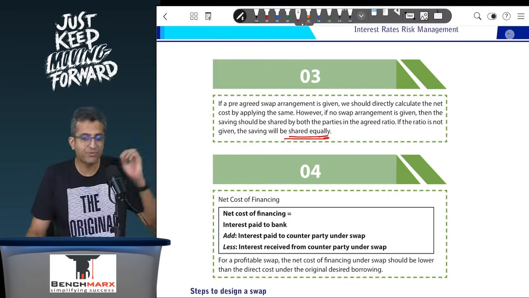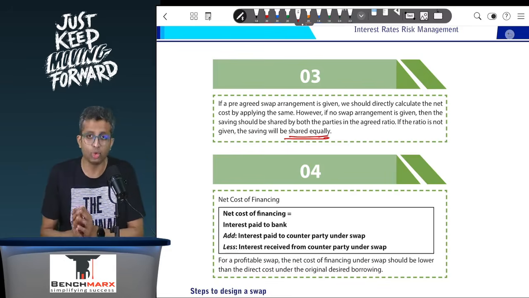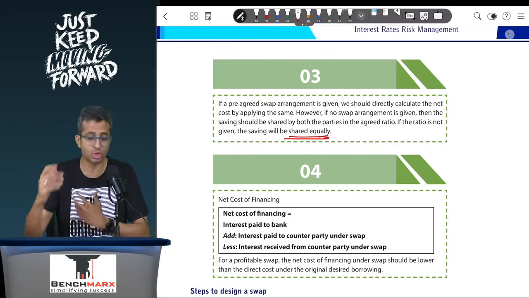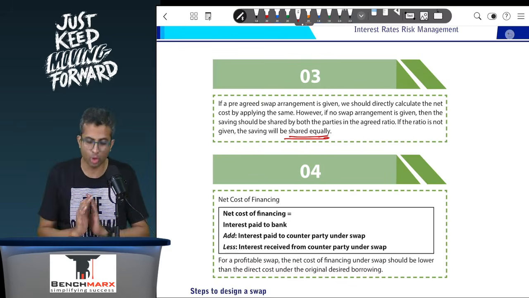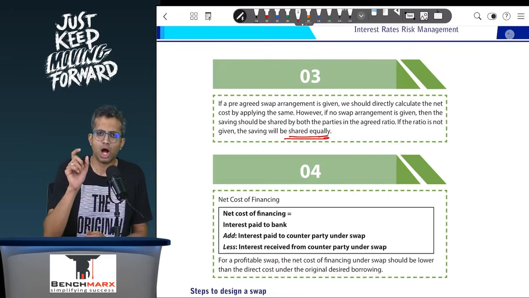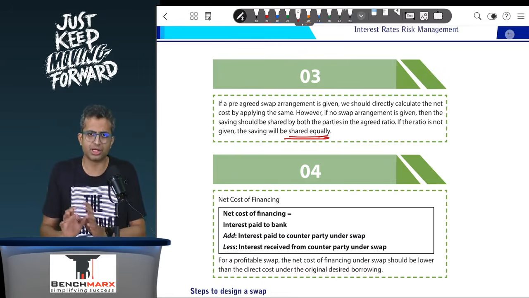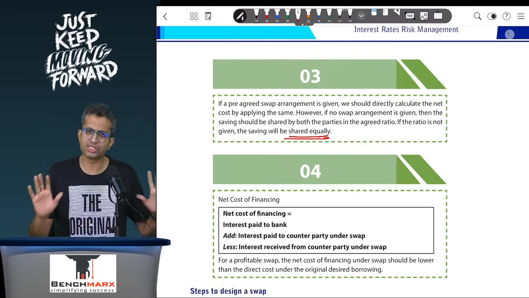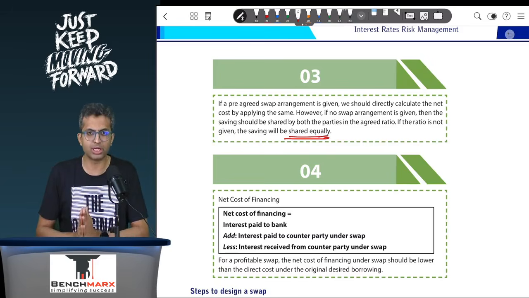Now if you have to design the swap, what will you do? You will first find the overall savings, and we will do it along with the sum so that it is understood, otherwise it is very difficult to comprehend. You will try to find the desired cost under the desired strategy minus swap, get the savings, allocate the savings between the parties in the agreed ratio, find the ultimate cost of borrowing.